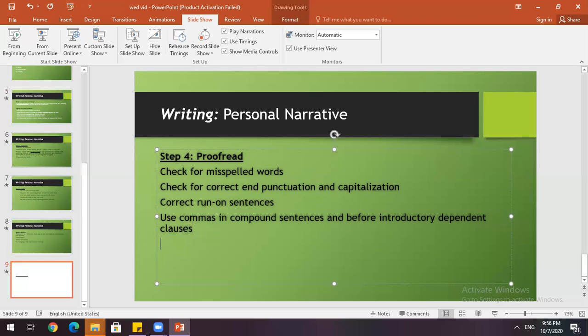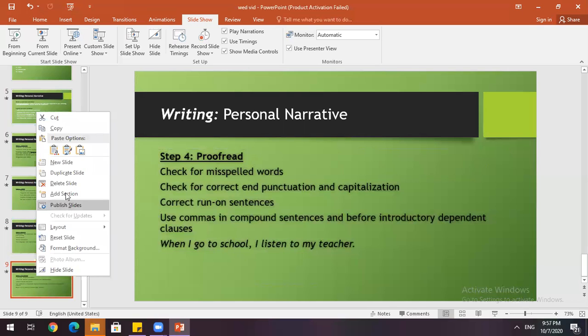When we have an introductory dependent clause, this is like, for example, when I go to school. So since this is at the beginning of the sentence, this is a dependent clause, we must write a comma after. So for example, when I go to school, I listen to my teacher, okay? All right, so that's it for step 4.